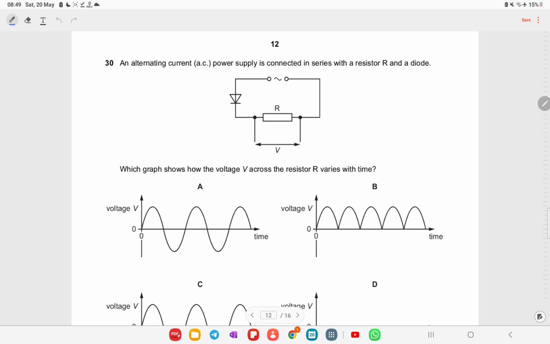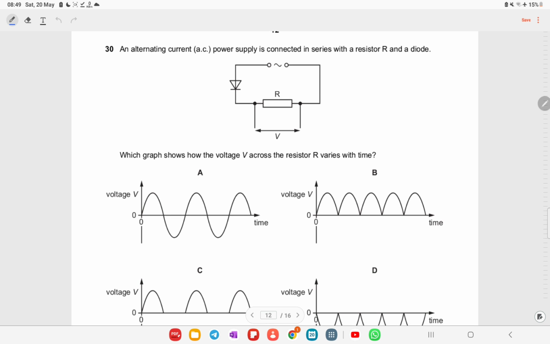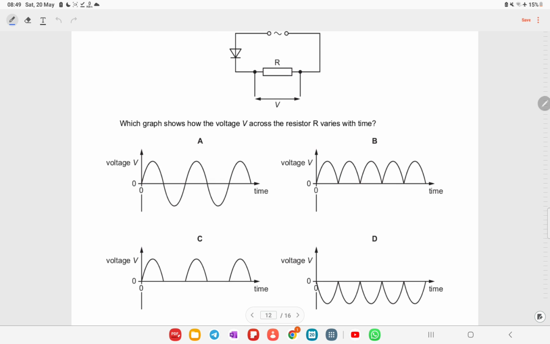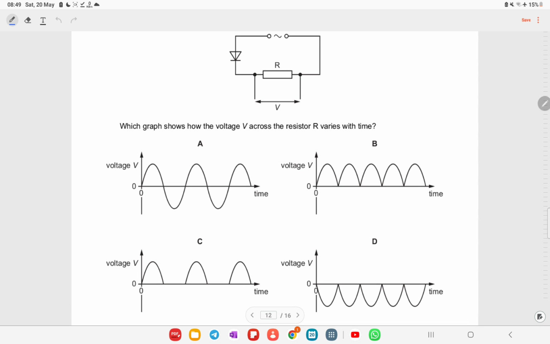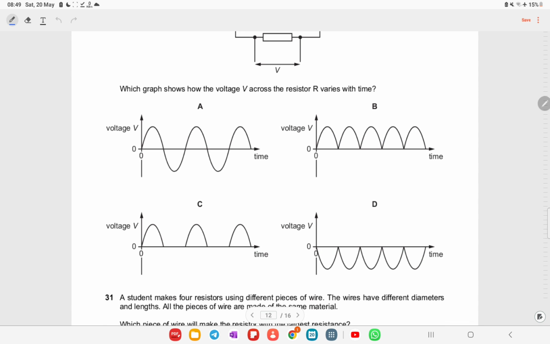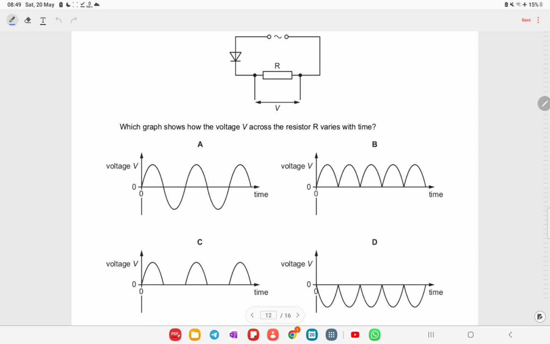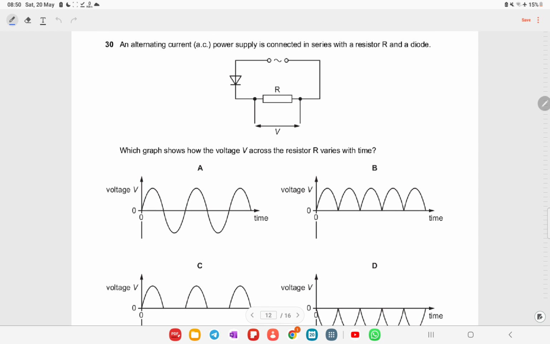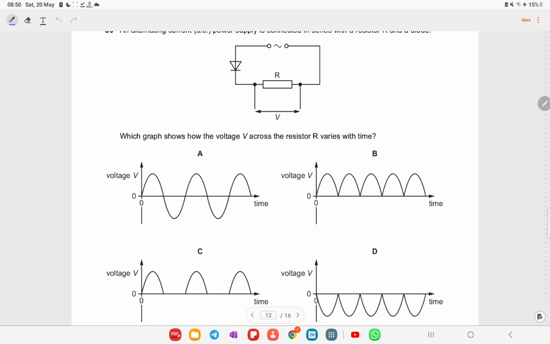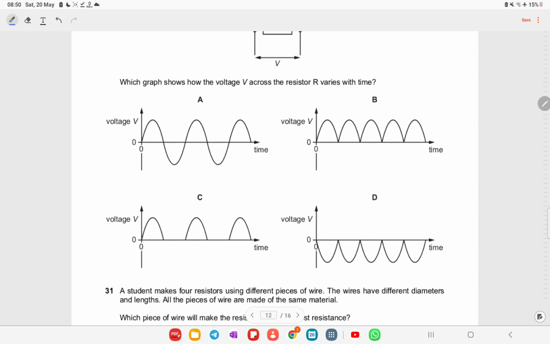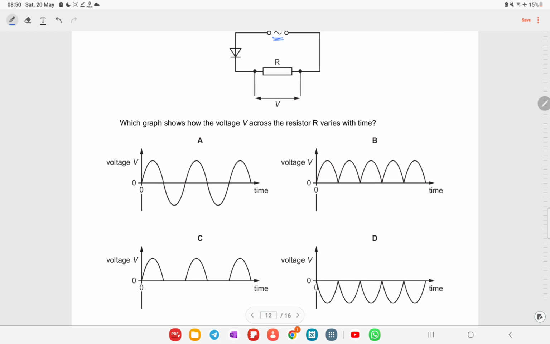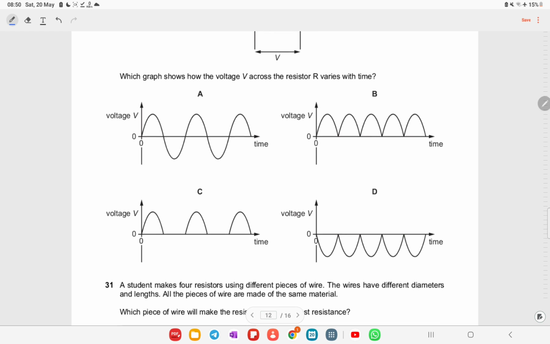An alternating current power supply is connected in series with a resistor R and a diode. Which graph shows how the voltage V across the resistor R varies with time? If you see the diagram, it's an AC source, so only the positive signals will be coming, and you will get the voltage across this.